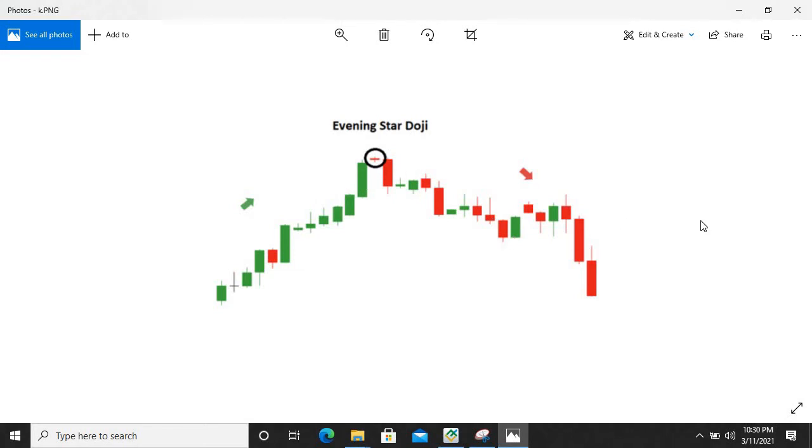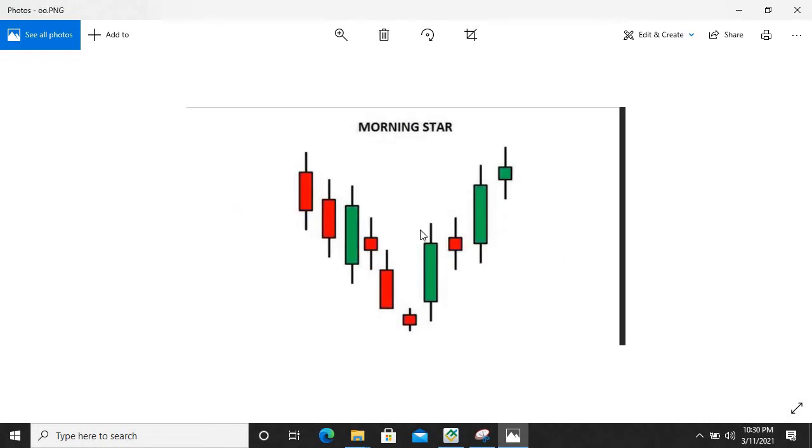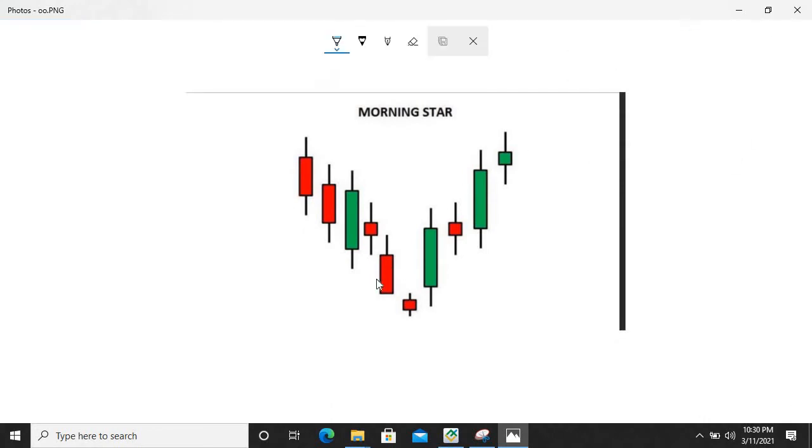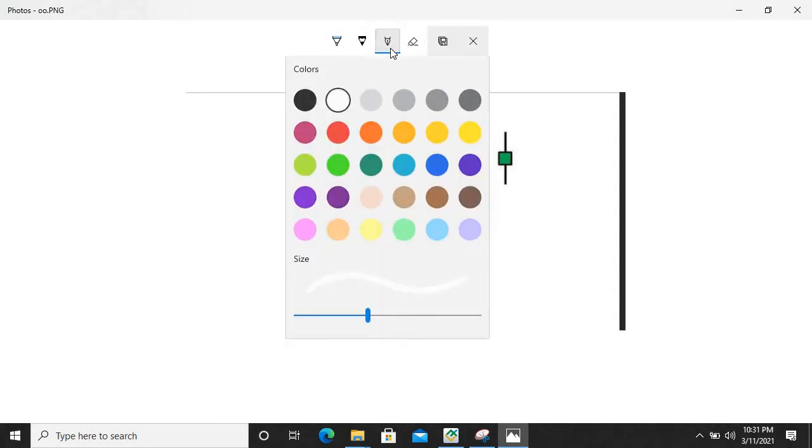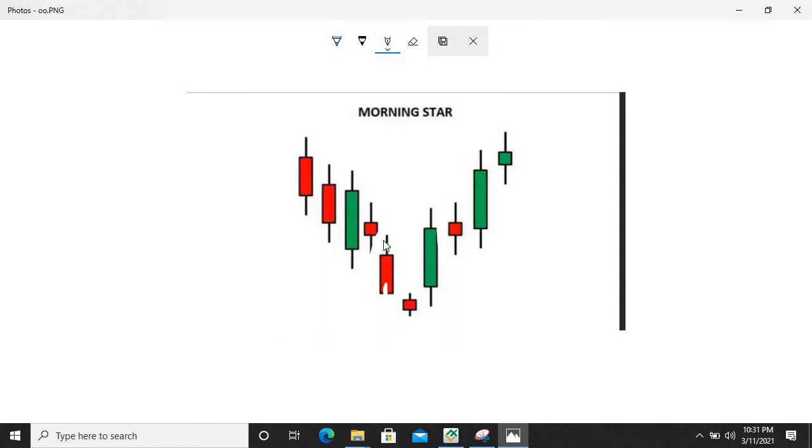Okay, let us see another candlestick chart pattern. This one is the morning star doji. When you see these three candlesticks, let me try to make it clear so that you can understand.